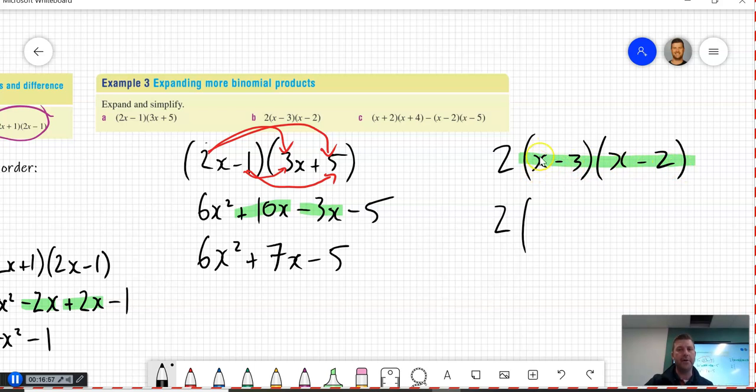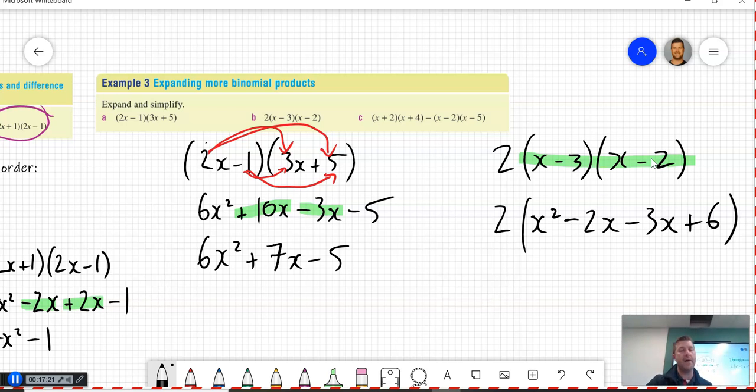So first term in each bracket, x times x, x squared. Outer terms, x times minus 2, minus 2x. Inners, minus 3 times x is minus 3x. Lasts, minus 3 times minus 2 becomes positive 6.